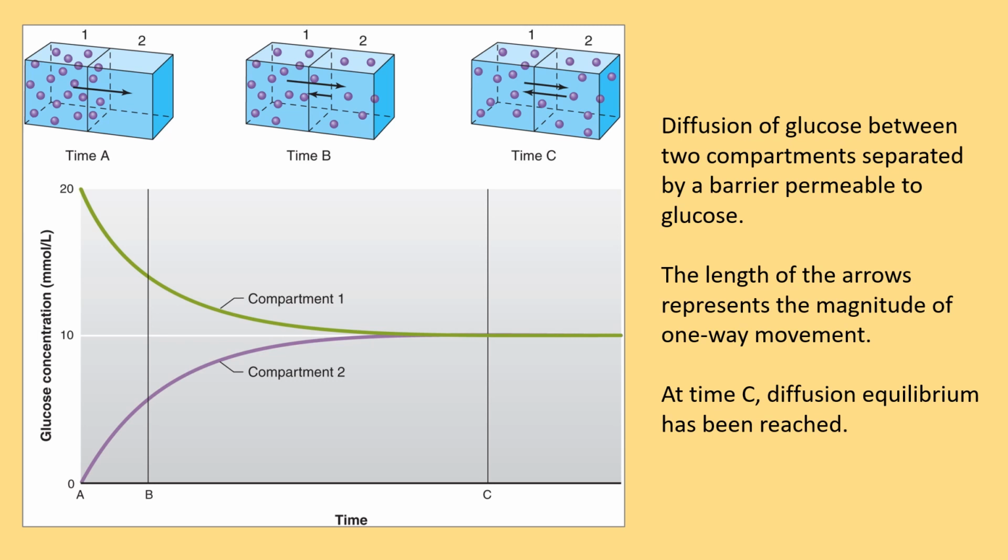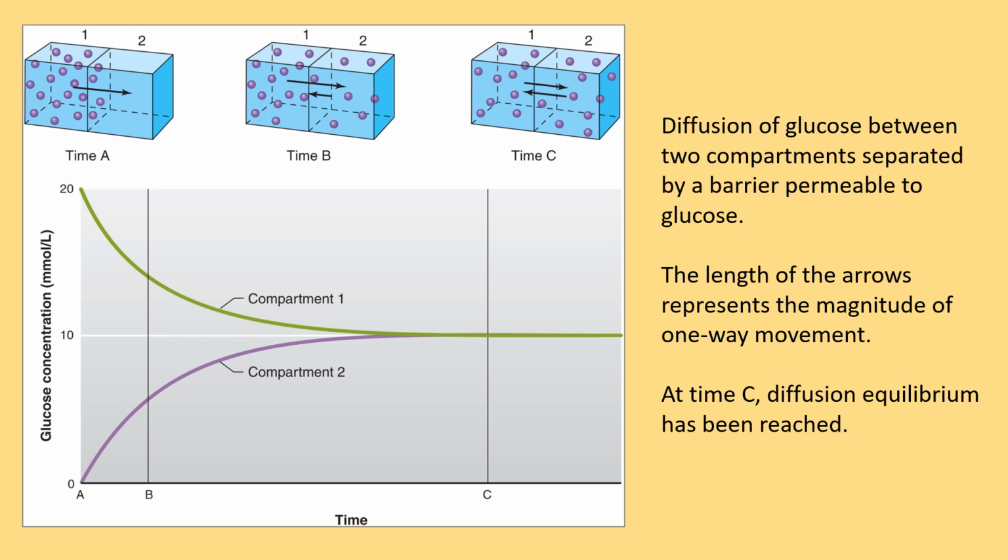At time A, there's a steep concentration gradient, and purple dots will move by diffusion from compartment 1 to compartment 2, such that when we get to time B, now there are some purple dots also in compartment 2, and we have bidirectional movement of purple dots, indicated by both of those arrows. The longer the arrow, the greater the rate of diffusion in that direction. So at time B, we still have a concentration gradient.